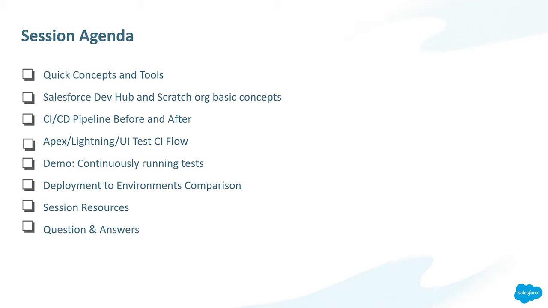Also, the flows for the CI. And then we are going to have a demo for this, okay? After that, deployment environment comparison before and after Salesforce DX. And then session resources, and of course, the question and answer section.